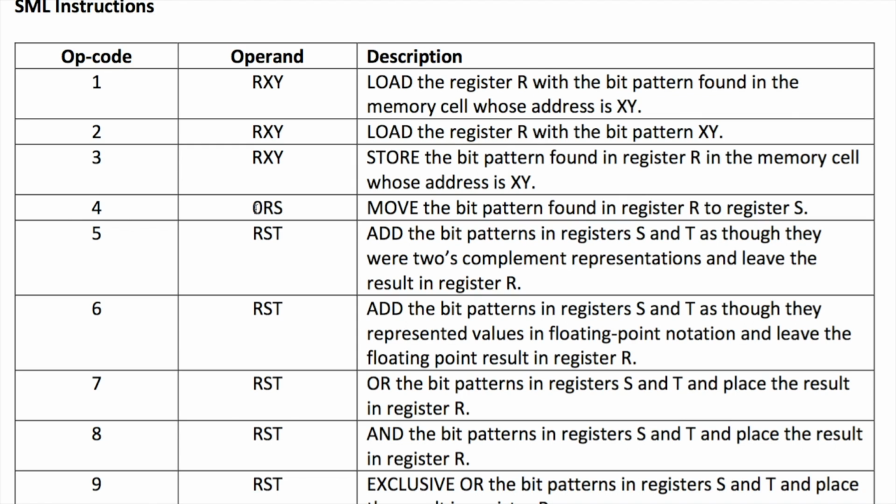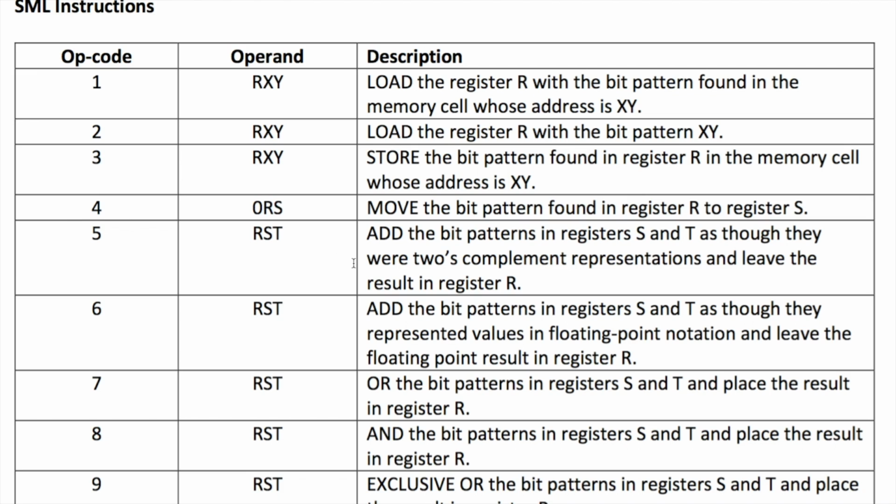This 0 means the values must be 0 for this 4-bit part. And then we will move the data from register R and copy it to register S. Note that for this instruction, the value inside register R still remains the same, but register S is being copied the value from register R.